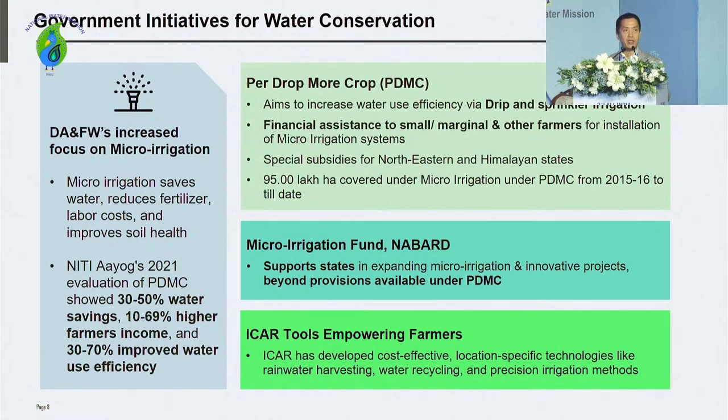So we encourage the states to top up the subsidy component under micro-irrigation and utilize this loan component, and also take up innovations like STPs, use of latest cutting-edge technology like AI, IoT, etc., to achieve more efficiency in water use in irrigation.